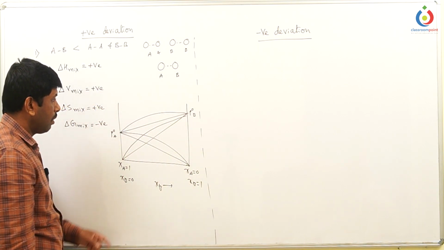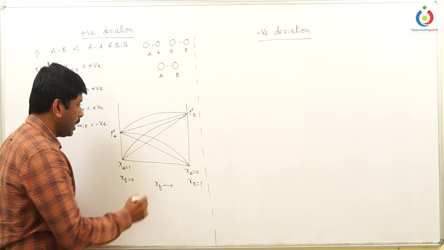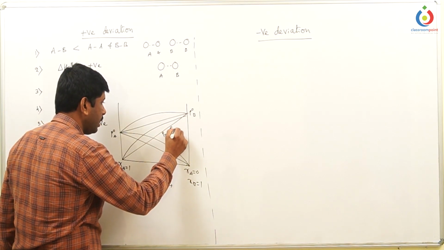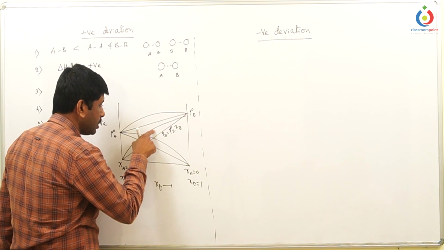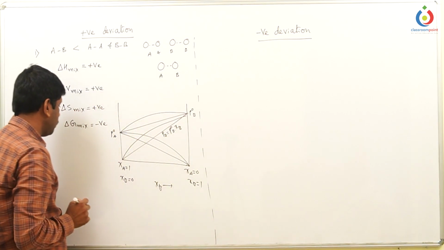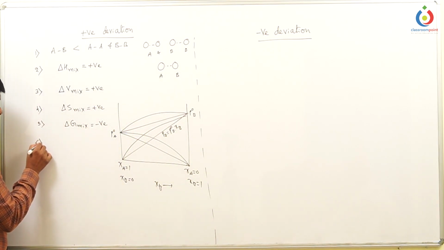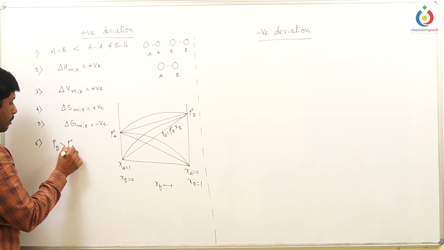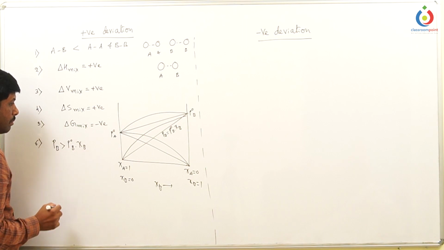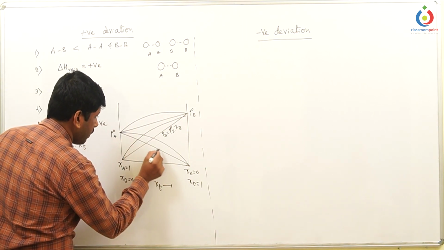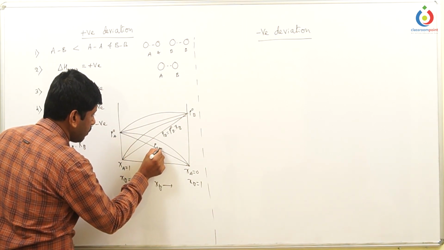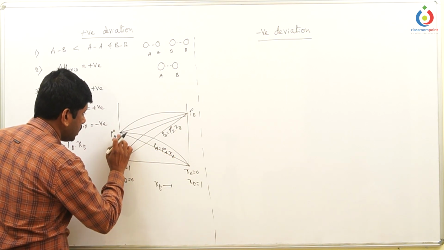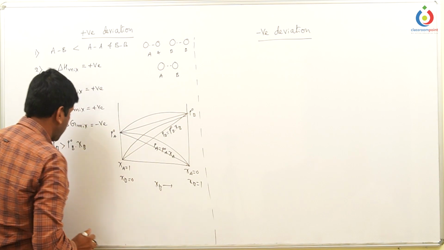According to Raoult's law, we know that PB equals P naught B into XB. But this value is higher than this value. So we can write down that PB is greater than P naught B XB. And similarly here, PA according to Raoult's law equals P naught A XA. But now this value is higher, which is what it is showing practically.